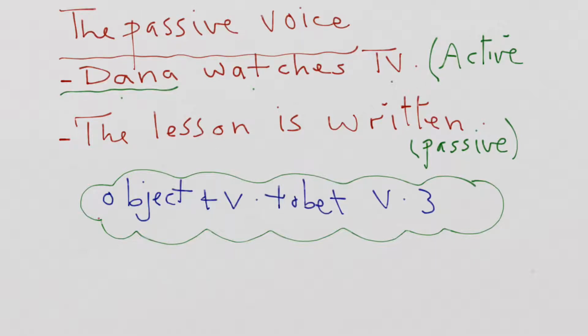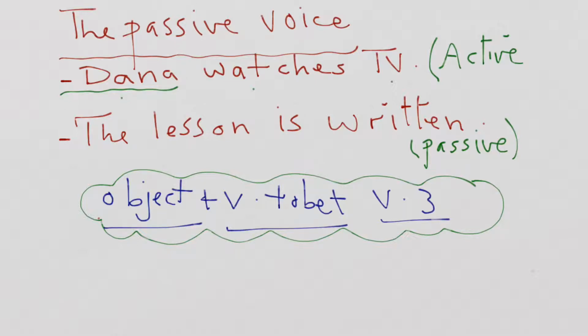So in order to change it into passive sentence, you have to follow this rule. You have to add object in addition to verb to be, in addition to verb 3. Completely different from an active sentence.